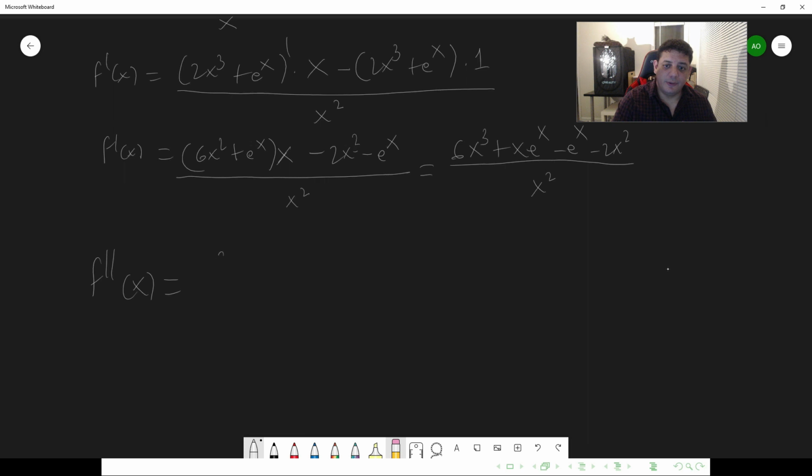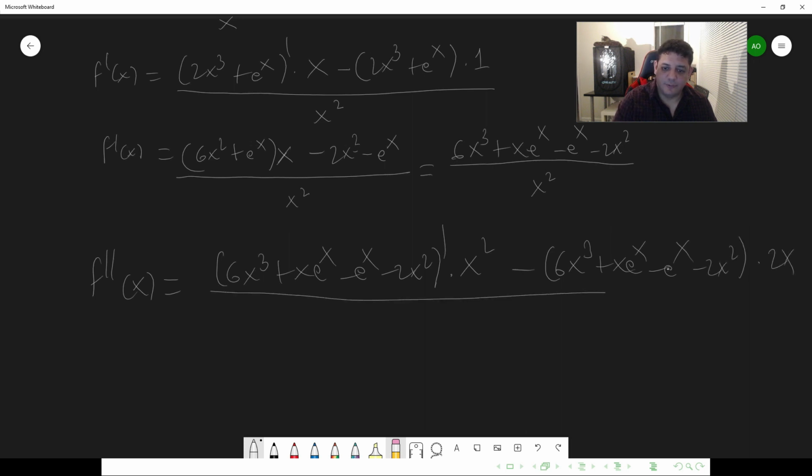The derivative of the top function will be the derivative of this, of course, times x squared, minus this without taking any derivatives times 2x, over now x to the 4, which is the square of this.